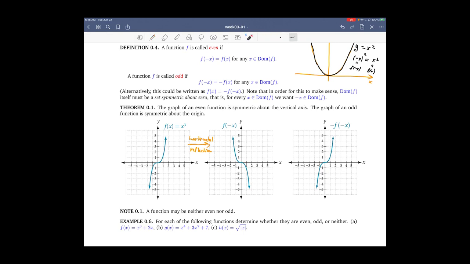And of course, a horizontal reflection here is not the same as the original function. But when you put a minus in front of f at negative x to produce negative f at negative x, you now perform a vertical reflection.